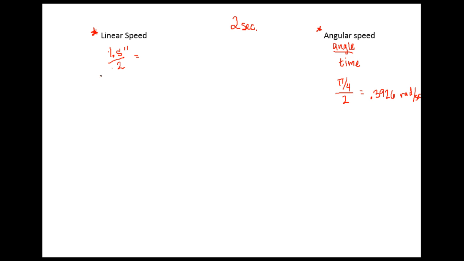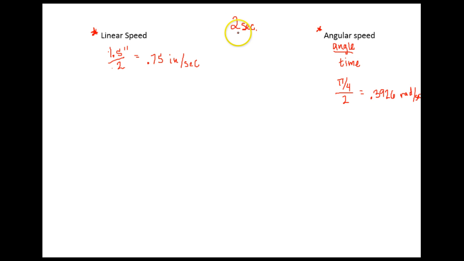Now, it may have taken you longer or shorter depending on the size of your circle or your incredible speed at rotating a circle, but I get 0.75 inches per second as my linear speed.